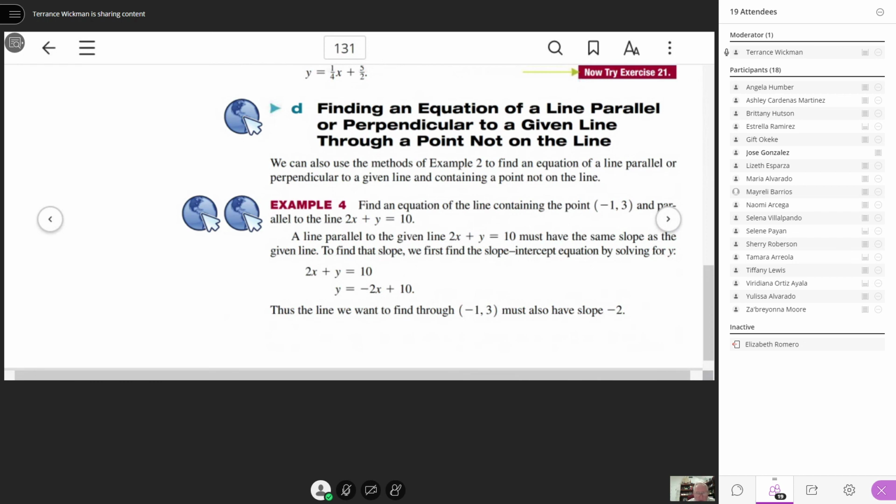So we get y by itself. y equals -2x plus 10. So we see that the slope is -2.